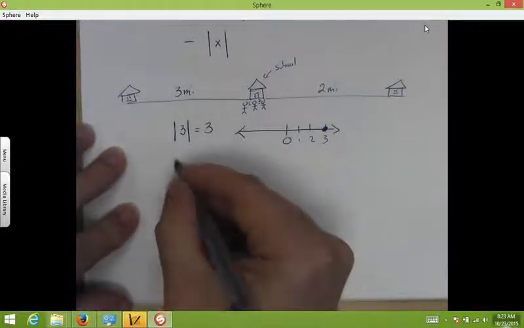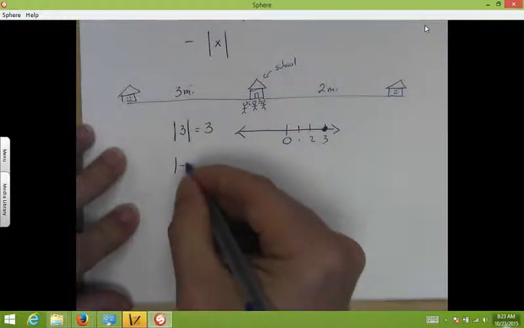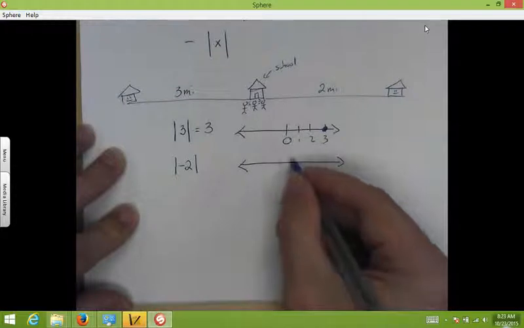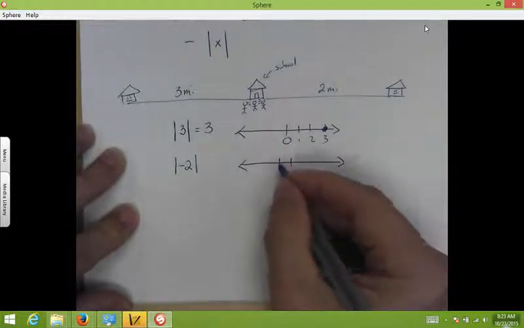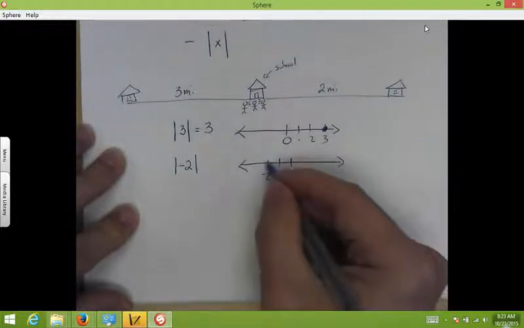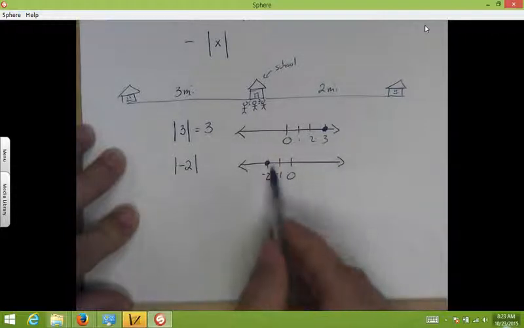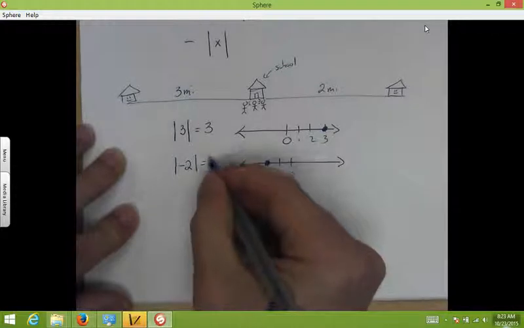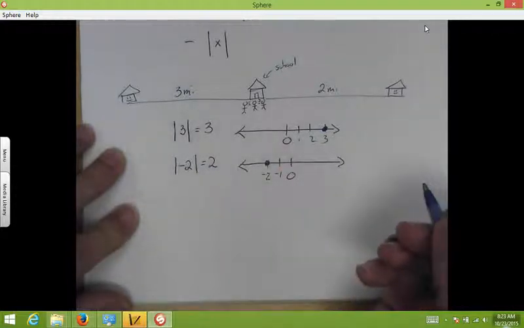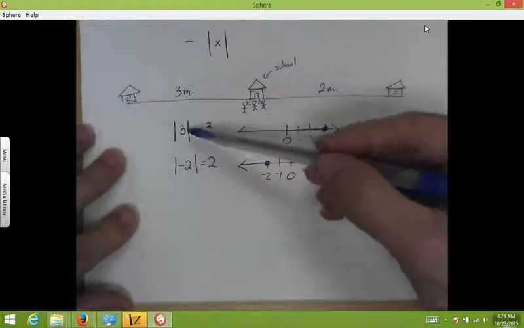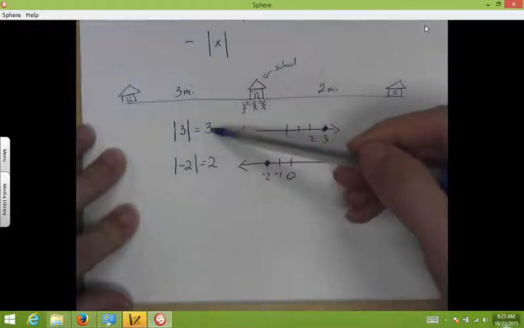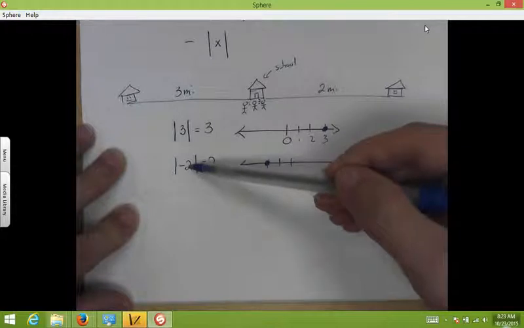Let's say I had the absolute value of -2. Well, on a number line, that's where -2 is. How many units is -2 from 0 on a number line? 2. So the answer is 2. It doesn't matter what is inside the brackets. If it's positive, leave it positive. If it's negative, make it positive.